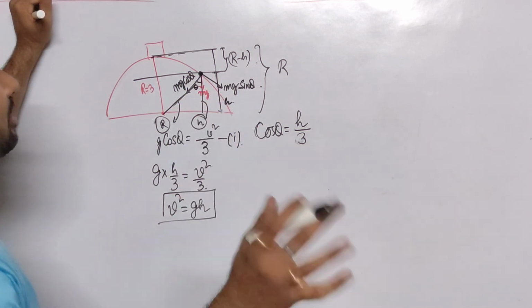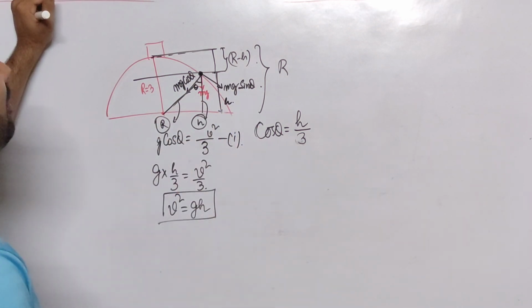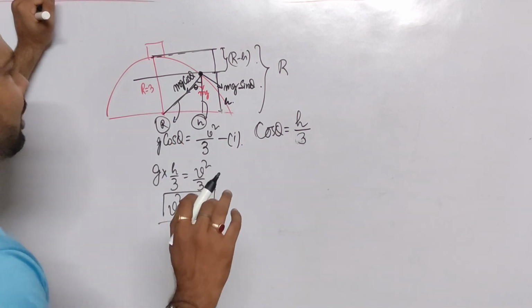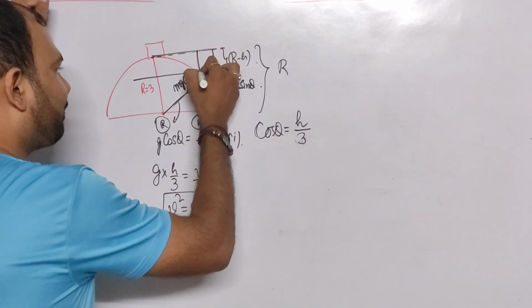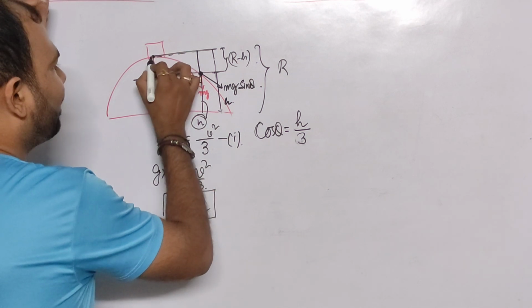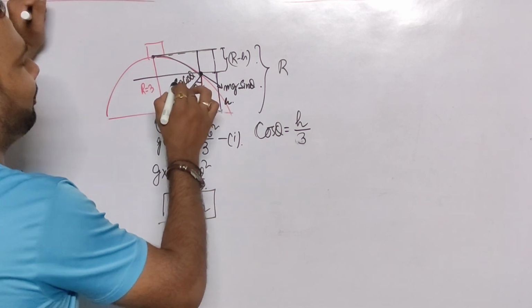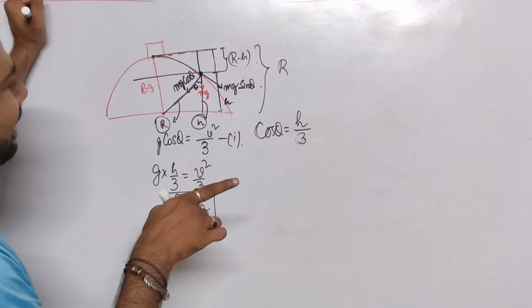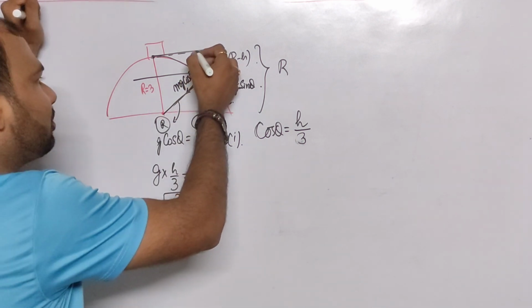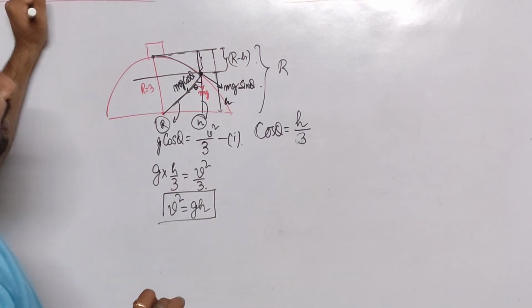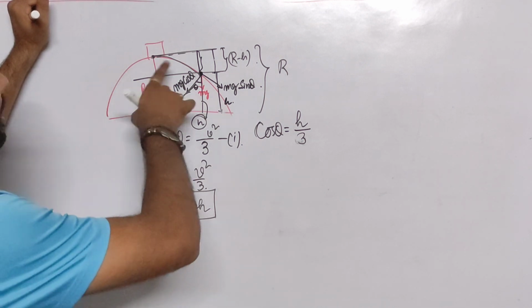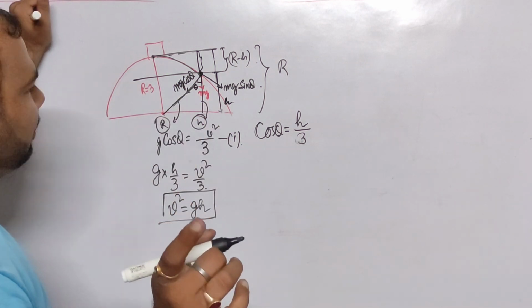We know that gravitational force is a conservative force. It does not depend on the path. So while moving in this path, the gravitational energy will be equal for this path, because it is a conservative force.